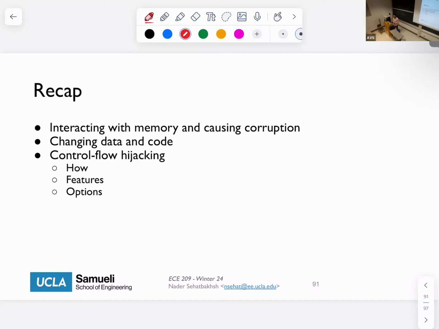We showed how this corruption can lead to meaningful attacks. And then we started defending against this. The big thing we wanted to defend against was finding instances where the code can be corrupted, okay? And then we started defining static tools and dynamic tools.